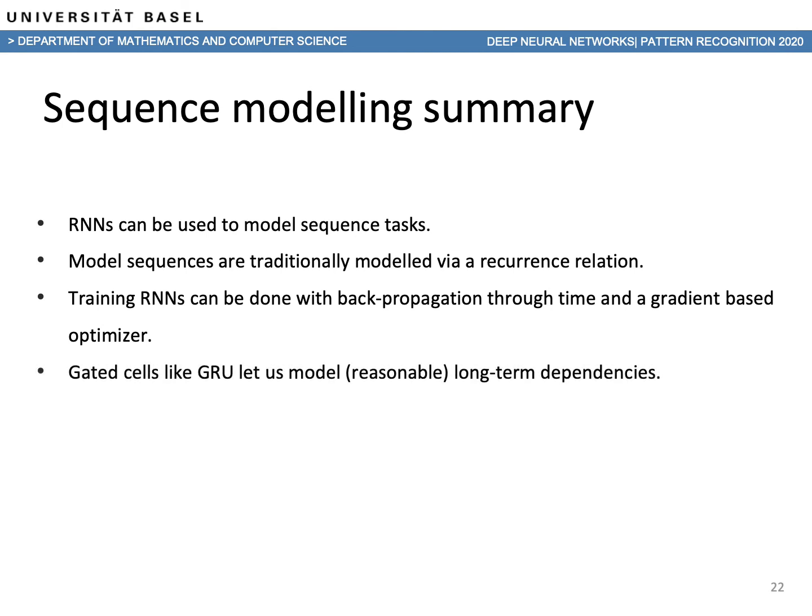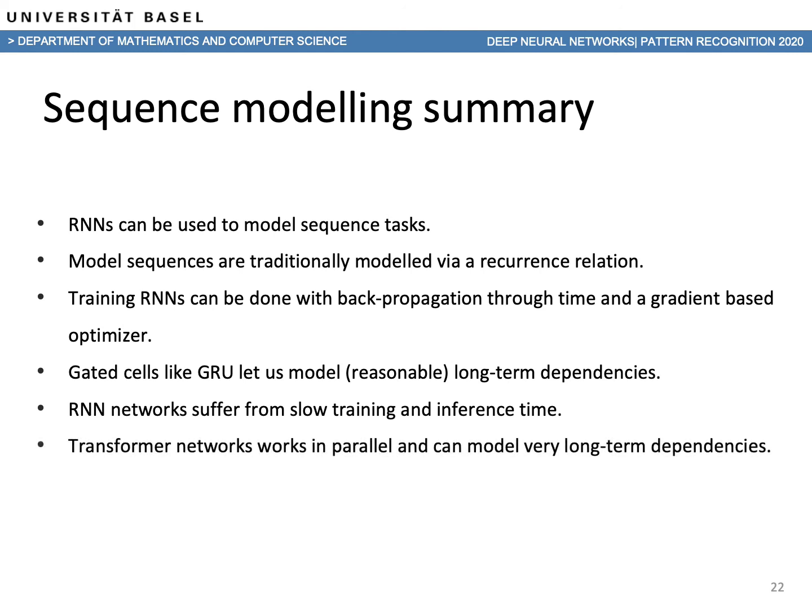Gated cells like GRU let us model reasonable long-term dependencies. But RNNs suffer from slow training and inference time. So to the rescue come these transformer networks, which work in parallel and can model very long-term dependencies.